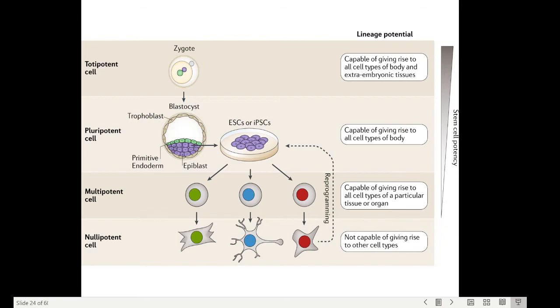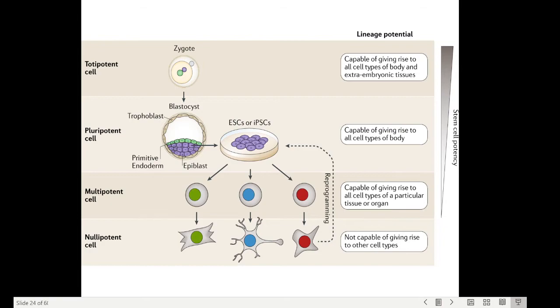In the zygote stage, it is totipotent, capable of giving rise to all cell types of the body. Another is pluripotent, it is capable of giving rise to all cell types of the body. In this pluripotent cell, it is the determined cell.